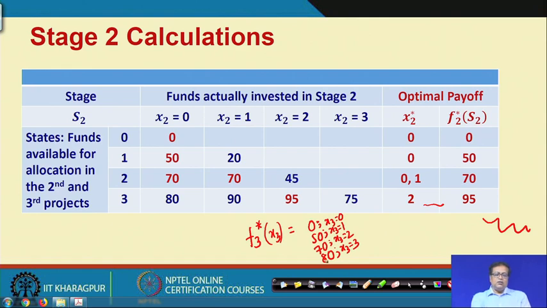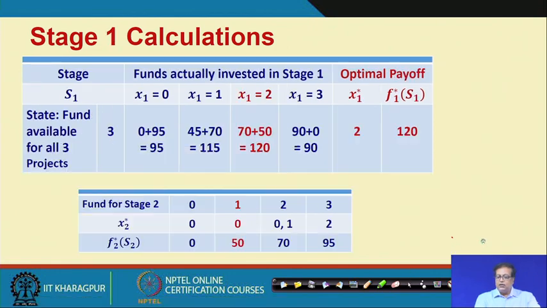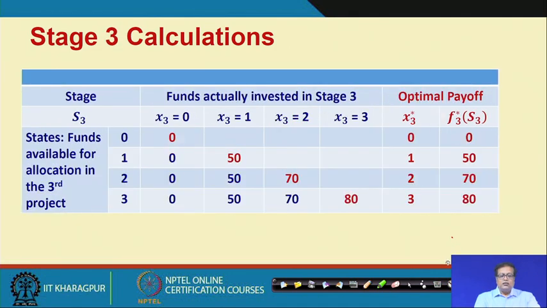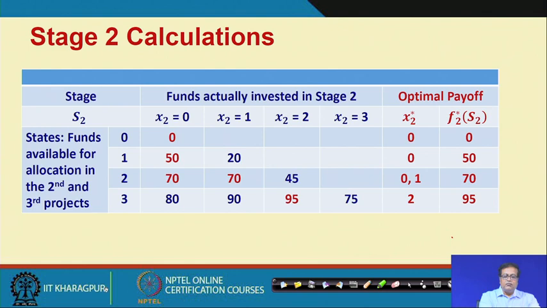For different values, these are the optimum values. So, what we do, if it is 0, obviously for the second fund calculation, let us see the formula, these returns are 0, 20, 45 and 75.